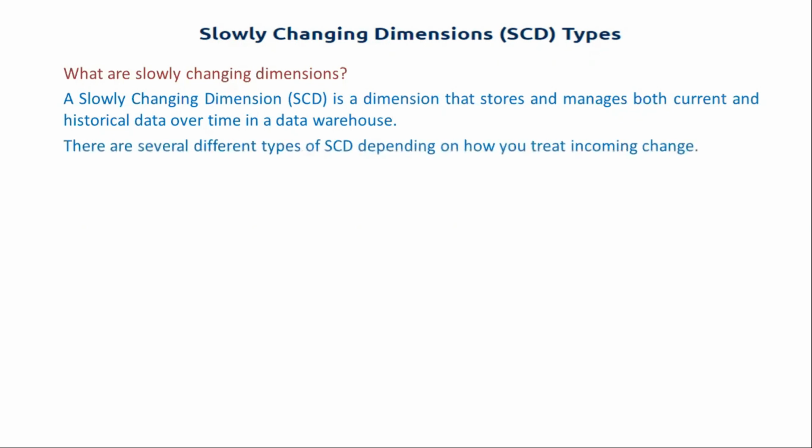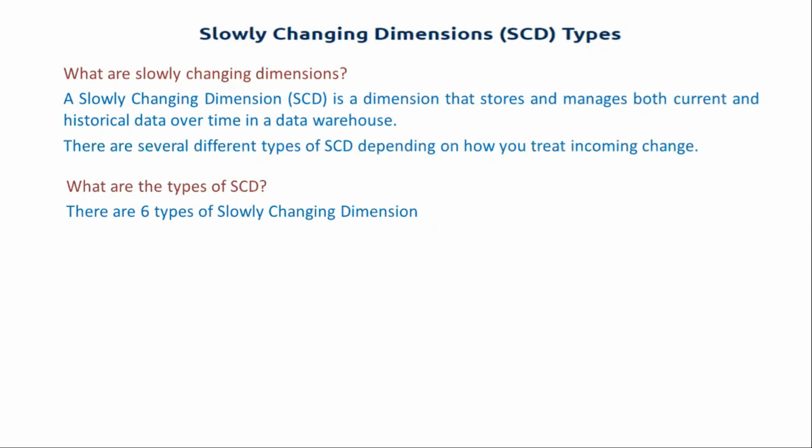Okay, and we have several types of SCDs based on the data changes in a source system. We'll see how many types we have. Basically, as per data warehouse concepts, we have a total of six types of slowly changing dimensions, and we'll see one by one what exactly these six types are.